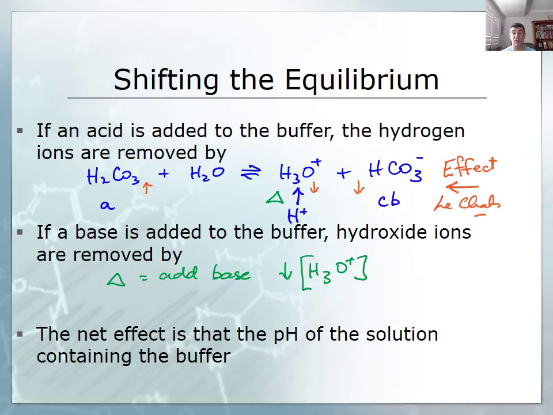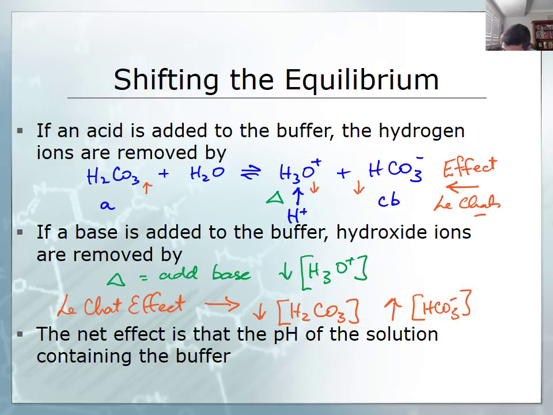So that will be the change. The Le Chatelier effect will be to shift the equilibrium to the right. In this case, we are decreasing the concentration of the acid, but increasing the concentration of the conjugate base, because we will be increasing the concentration of the hydronium ions to counteract the drop.